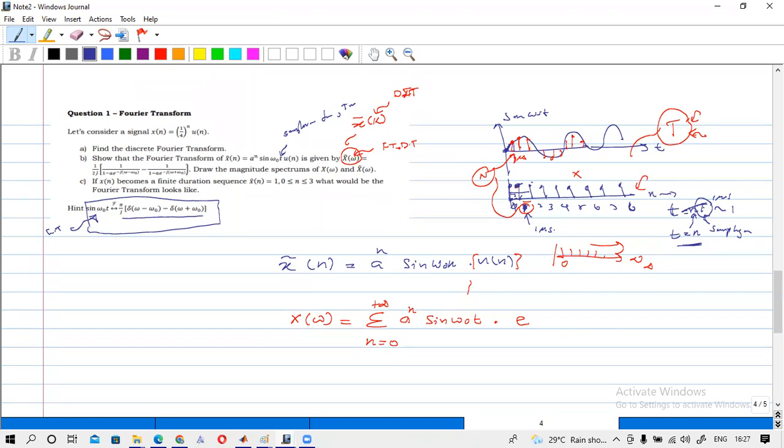You have to apply the frequency shifting property to get this. If you can remember the Fourier transform for a continuous time signal, you use the frequency shifting property and you can get this value.